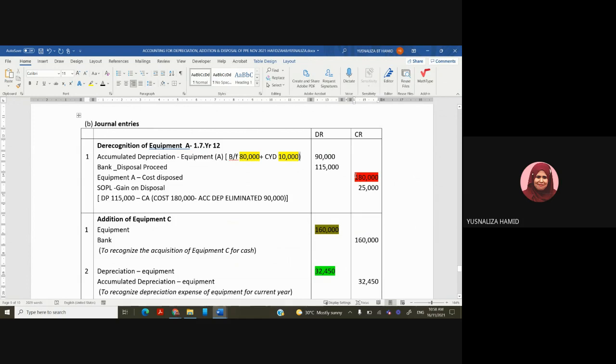Not just remove the equipment A physically, but also remove all the accumulated depreciation, and also remove the cost as well.